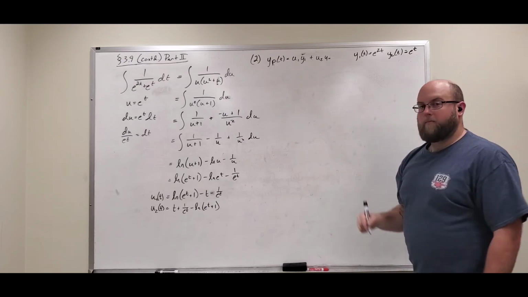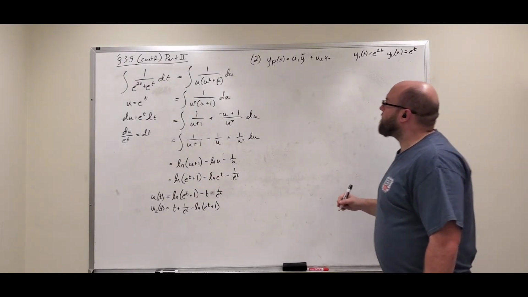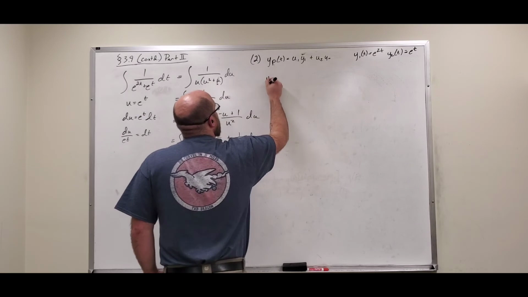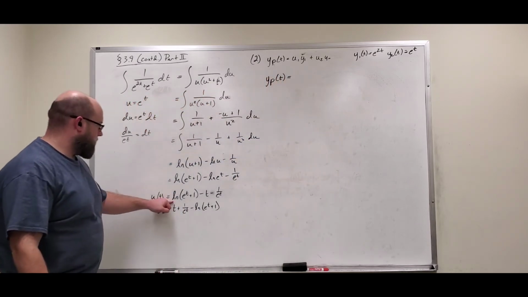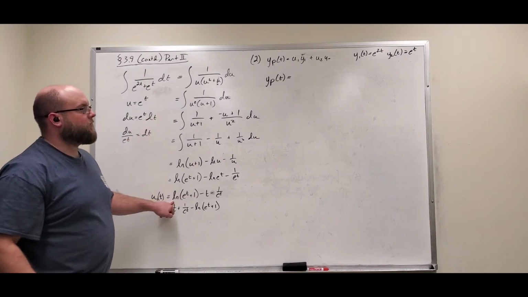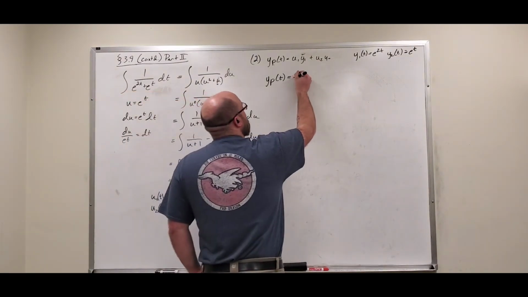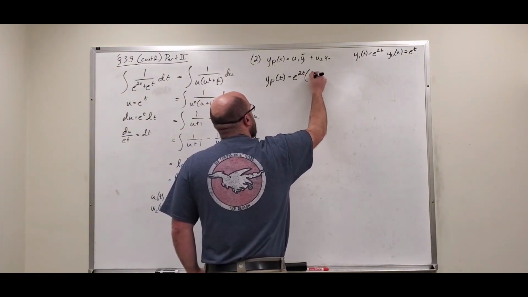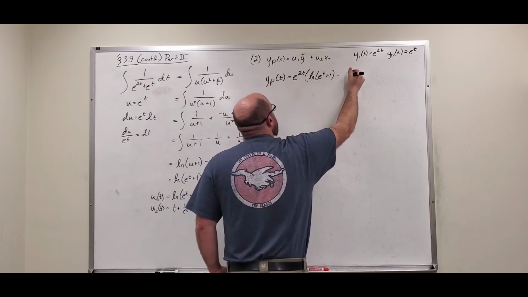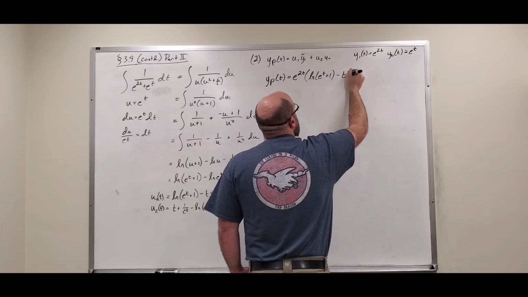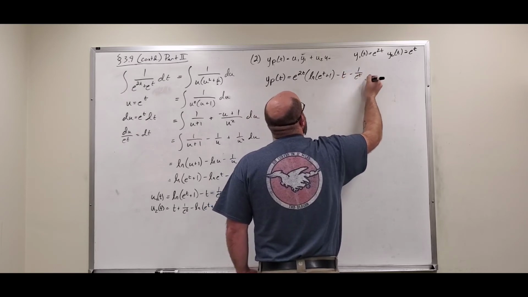All right, now we're ready to plug things into our particular equation. So y sub p of t is equal to u1 times e to the 2t. I'm going to have that outside of there. That's the natural log of e to the t plus 1 minus t minus 1 over e to the t.